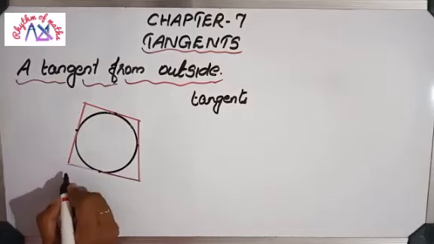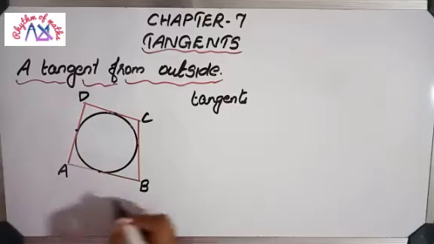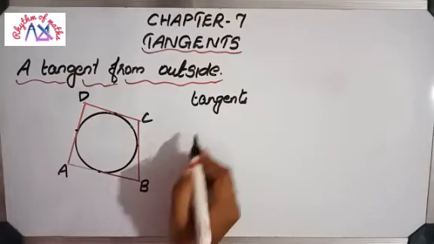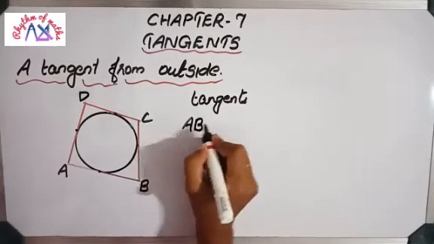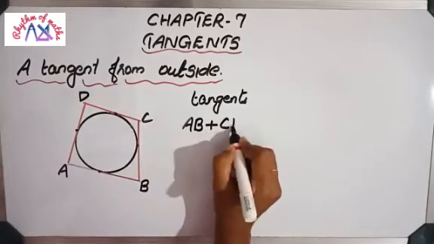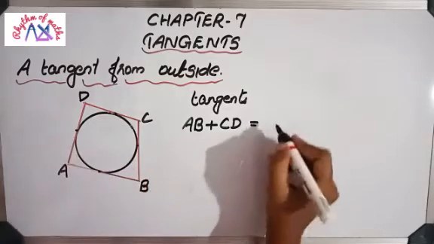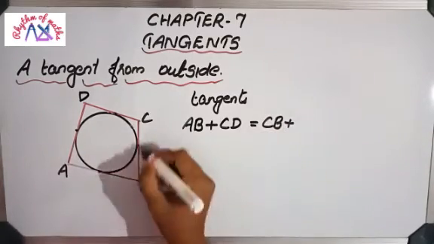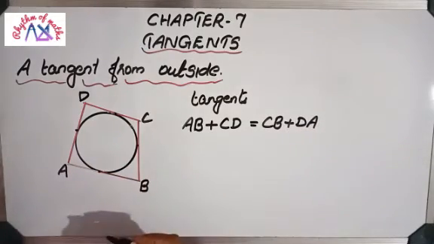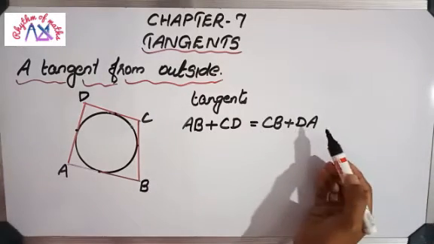So here let's mark the vertices as A, B, C, D. Opposite sides' sum will be equal, meaning AB's opposite side is CD. So AB plus CD will be equal to CB plus DA, where DA is just opposite to CB. This is the concept: AB plus CD equals CB plus DA.